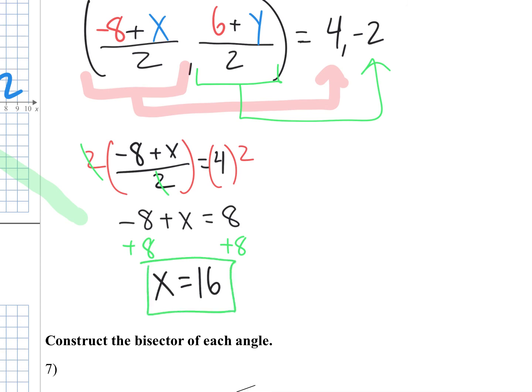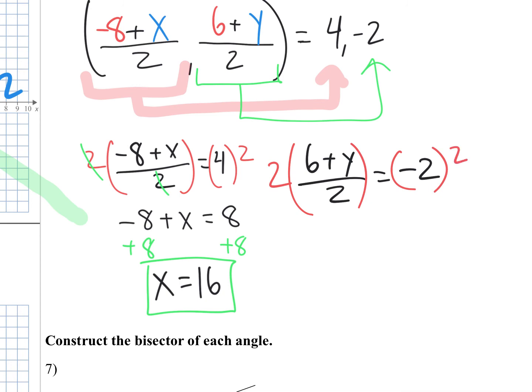Great. Now we're going to do the same thing for the y values. Let's set this up. So we've got 6 plus y over 2 equals negative 2. Okay. Let's multiply both sides by 2, because again, we need to isolate the variable, we need to isolate the y, and the left side cancels out. So we're left with 6 plus y equals negative 4.